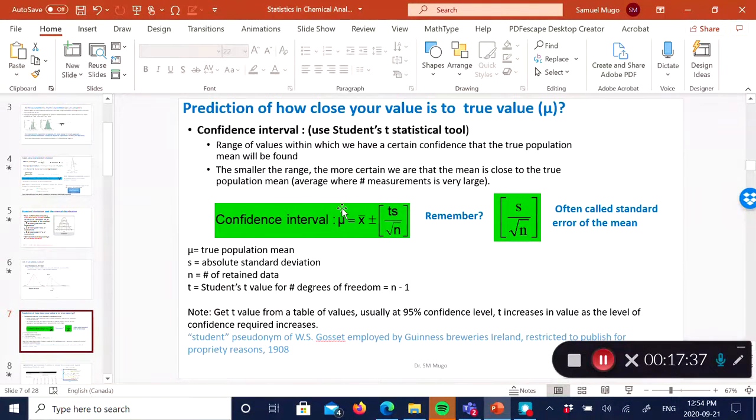And so this confidence interval relationship, you can say mu is equal to x bar plus minus the t, the student's t, multiplied by the standard error. Okay. And we use it again to approximate how far my experimental data is from the true value.